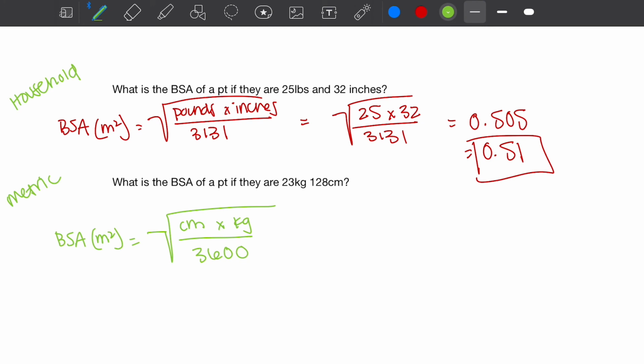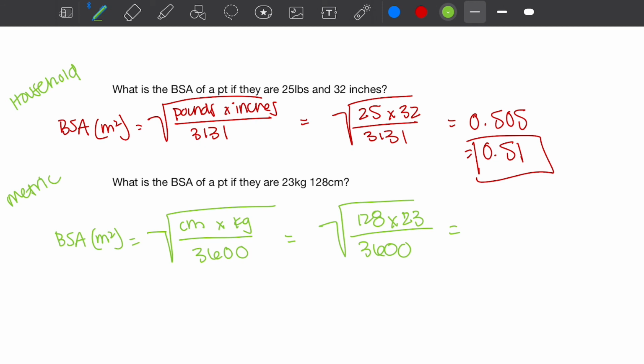So that's why Ms. McVeigh said there's 31 flavors of ice cream at Baskin-Robbins and we have Baskin-Robbins in the United States. And so that's how you can remember household is 3131, and then metric is going to be 3600. So now that we know that formula, we're just going to plug and chug again. And it says our patient is 128 centimeters and 23 kilograms.